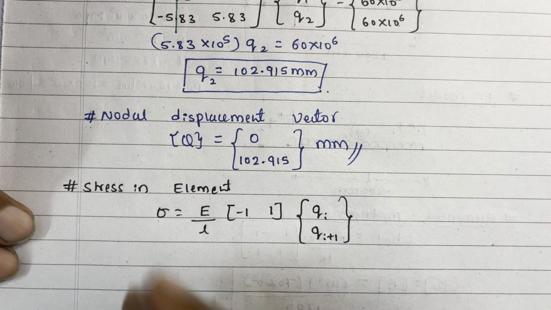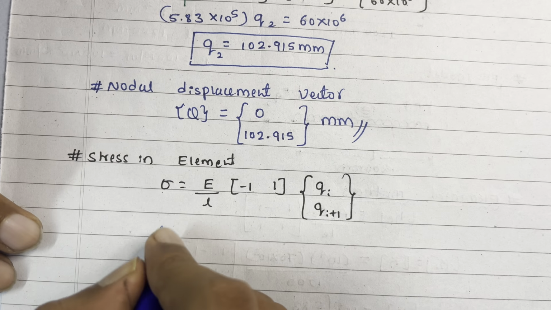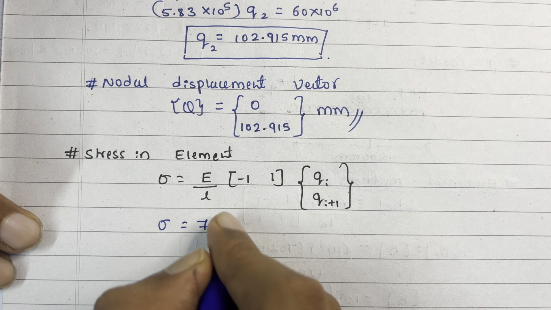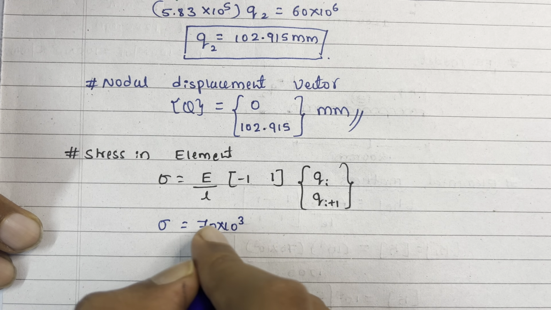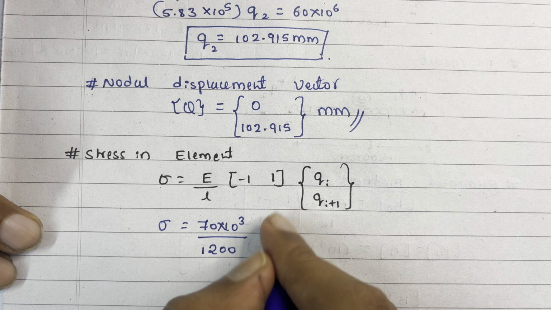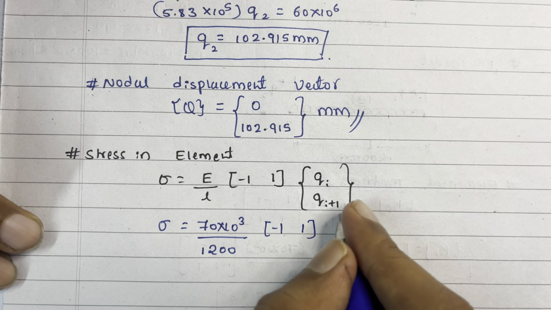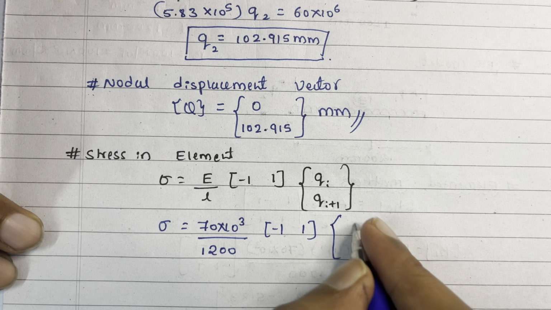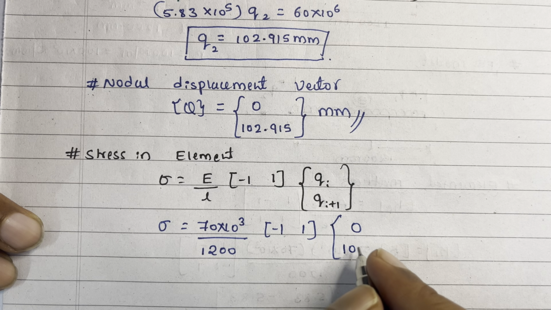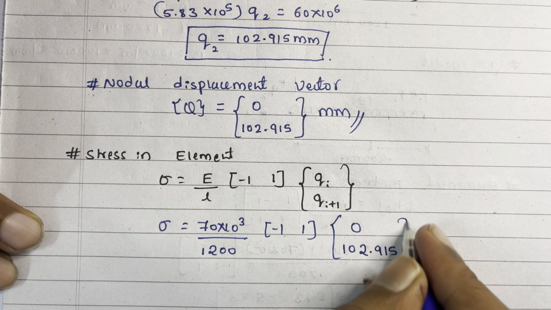So sigma is equal to Young's modulus 70 into 10 raised to 3 divided by length 1200, times minus 1 1, and displacement at node 1 is 0 because of the fixed point, and displacement at the second point is what we just calculated, 102.915.